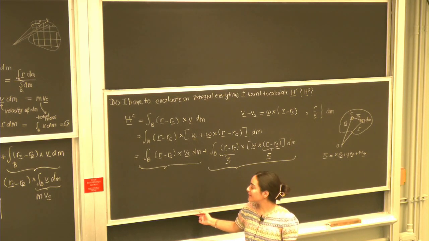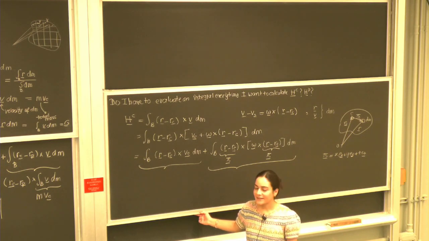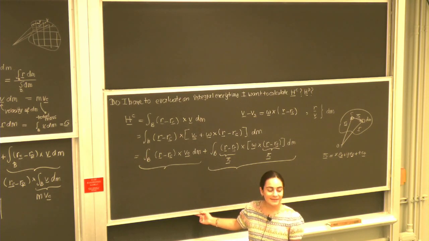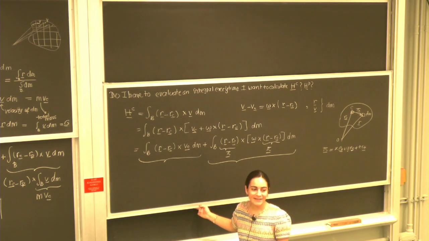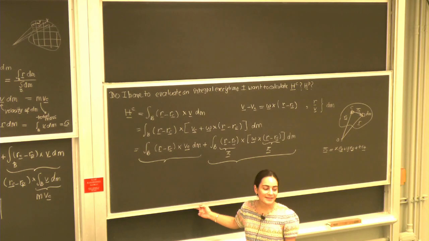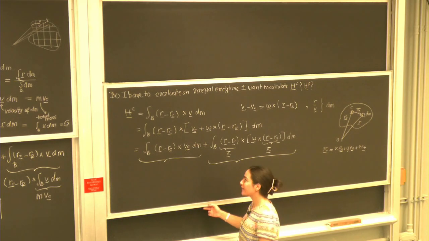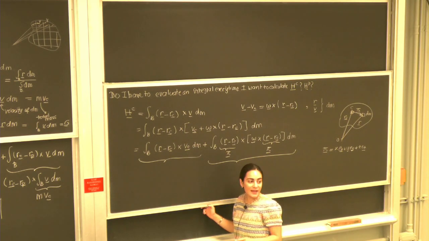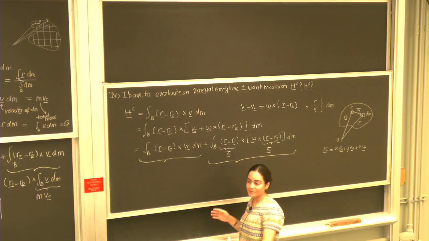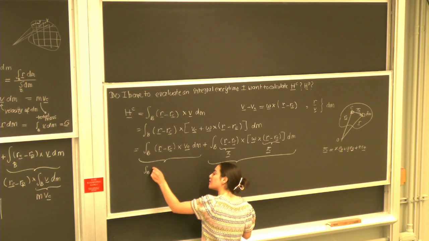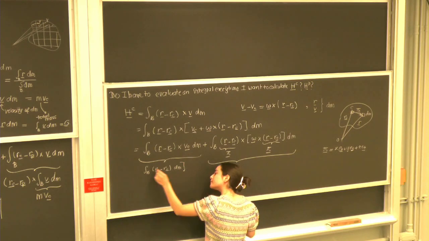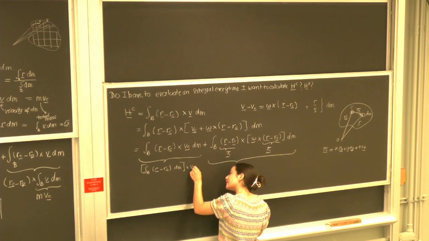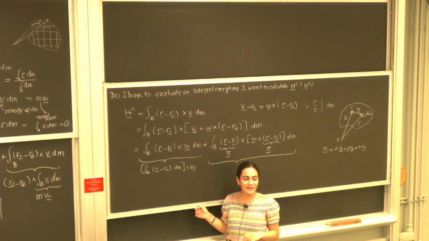Not HC. Well, vc does not depend on dm, right? So I can take it outside. So I can write this as the integral of (r minus rc) dm cross vc. Now, what is this equal to?